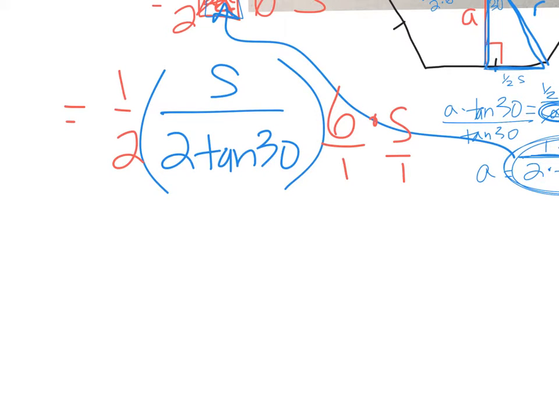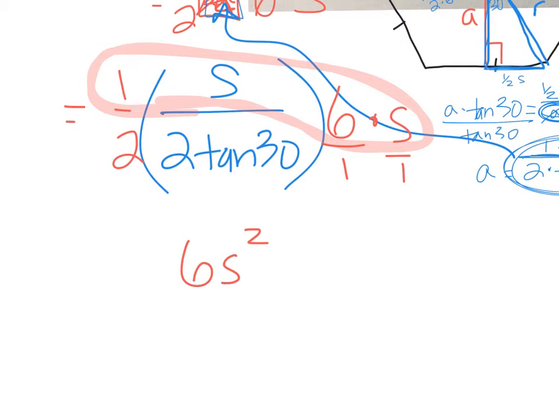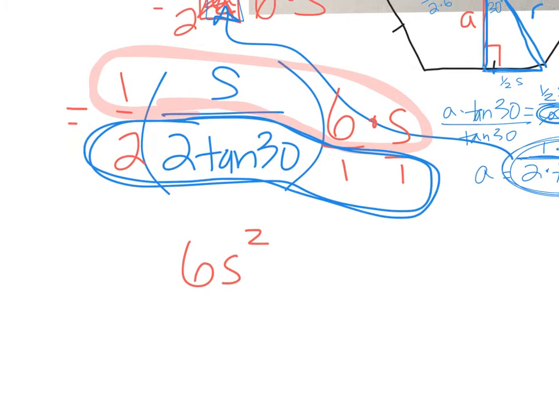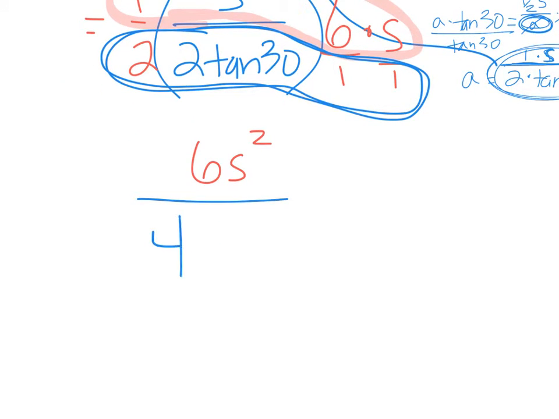So make them all into fractions. And when we have a fraction times a fraction, I always multiply numerators times each other. So all that stuff times together is 6s squared. And I multiply all my denominator stuff together. When I multiply all that together, I get 4 tan of 30.